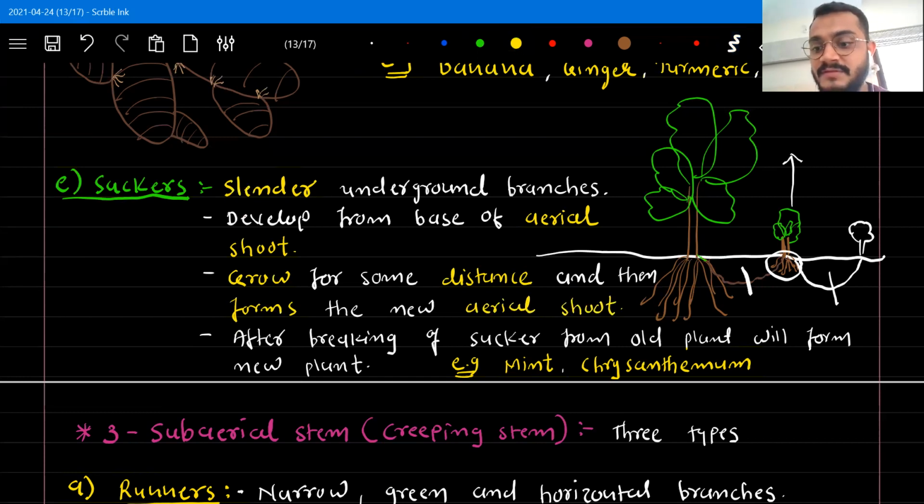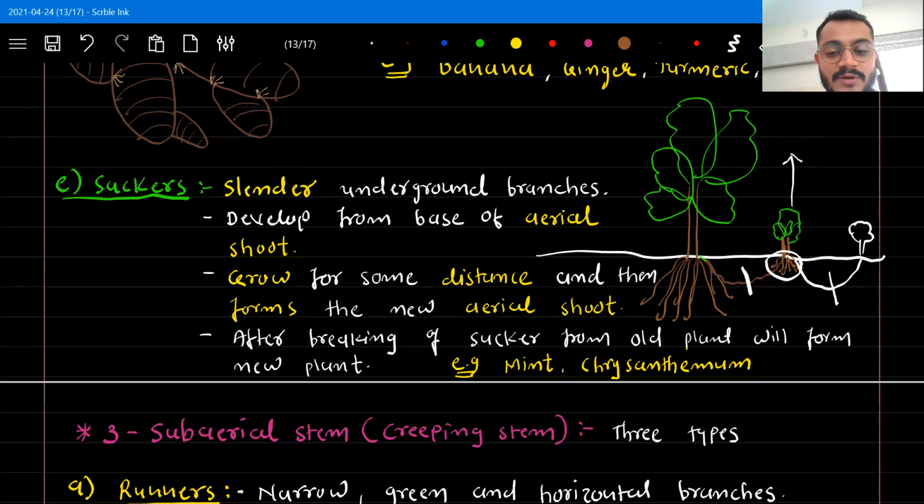They travel some distance, come out of the soil above the ground, and form a new plant there. The same thing happens when this plant matures: after traveling some distance, it produces another plant.